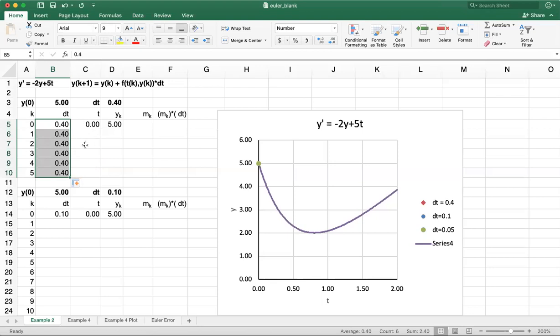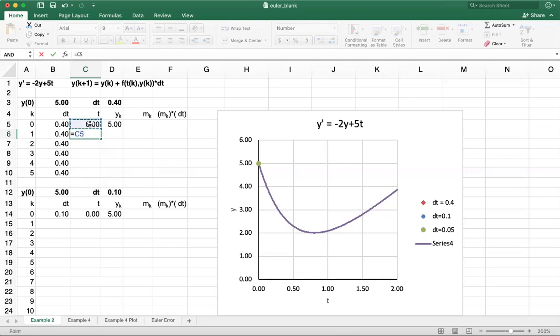Okay, so the next column is going to be the t values. I filled in the first t value; we're going to start at t equals 0, but I want to have all of the other t values in there. So I'm going to say that the next time is equal to the previous time, and I'm not going to type 0.